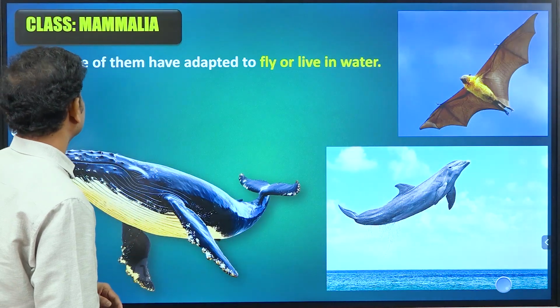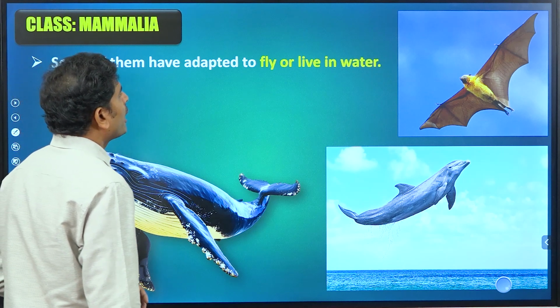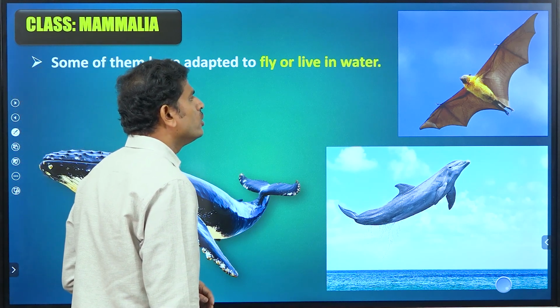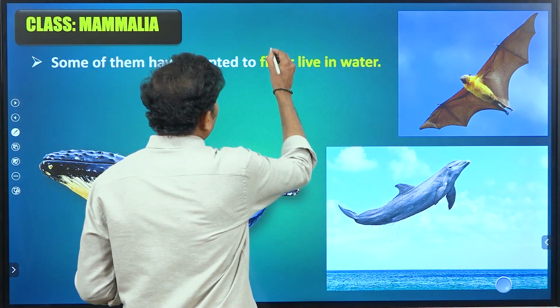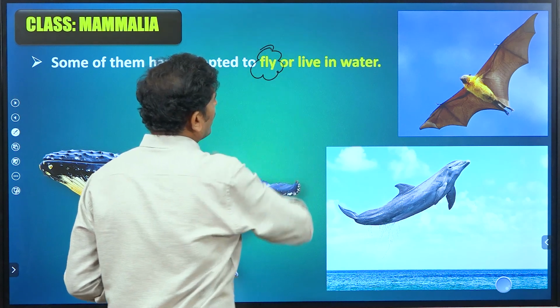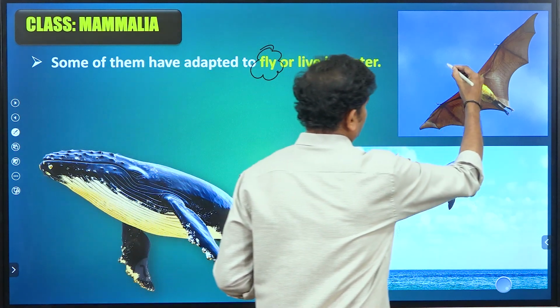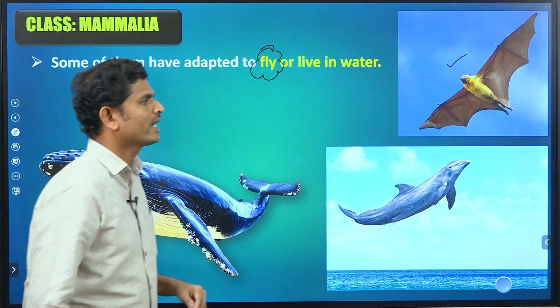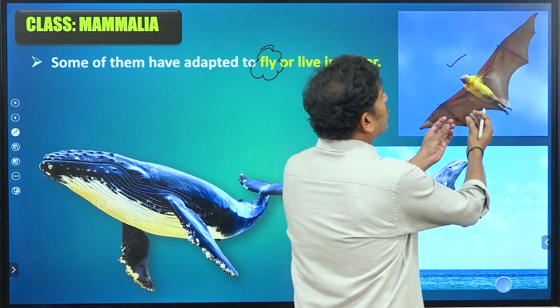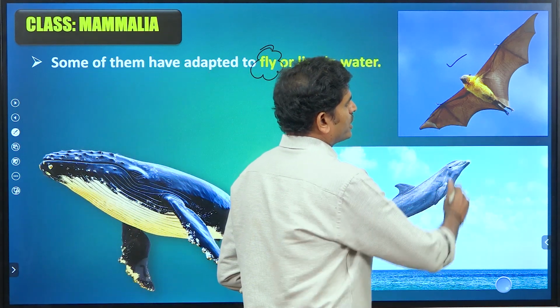The next slide says some of them have adapted to fly or live in water. Adapted to fly means this is the bat. Okay, it contains a cloth-like membrane, that is called the patagium.